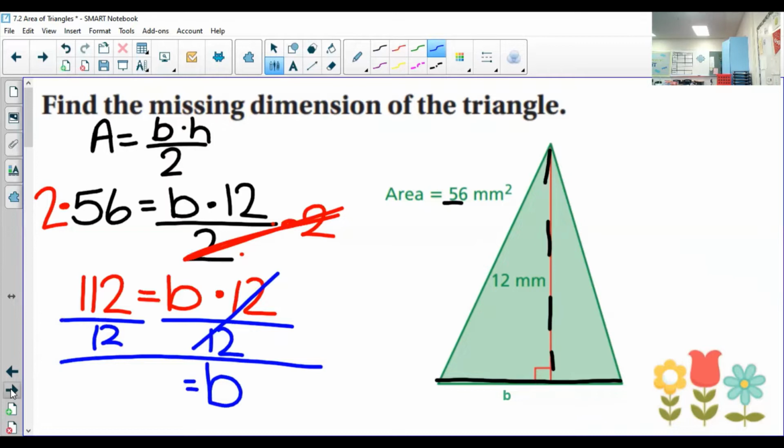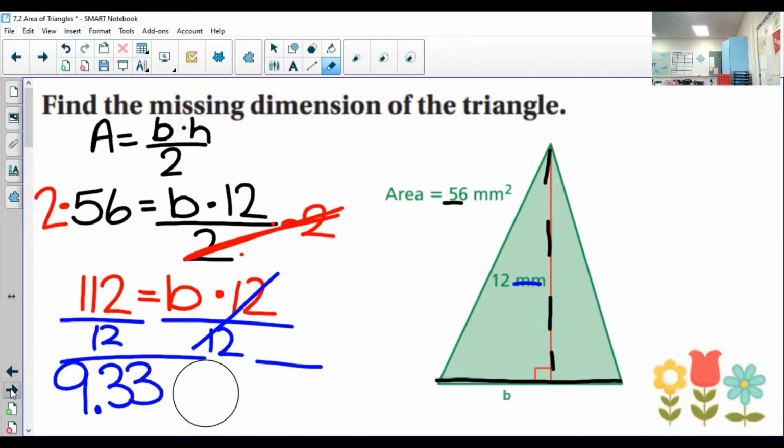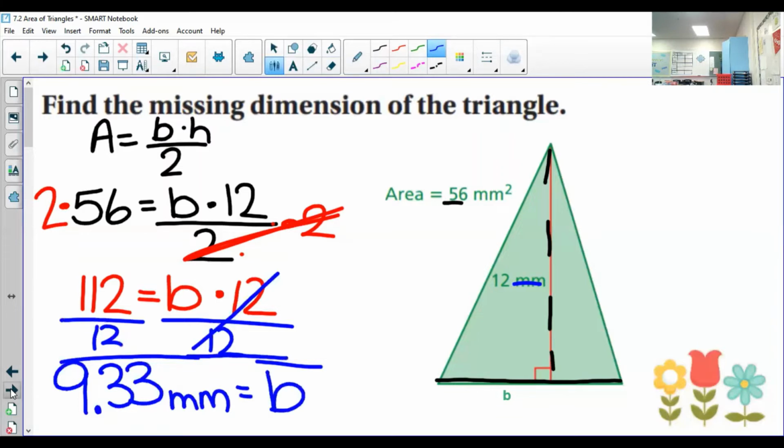So I'm just going to round to the hundredths place, and I'm going to do 9.33, and my label is millimeters. So I'm going to do 9.33 millimeters equals B. And that's what B equals.